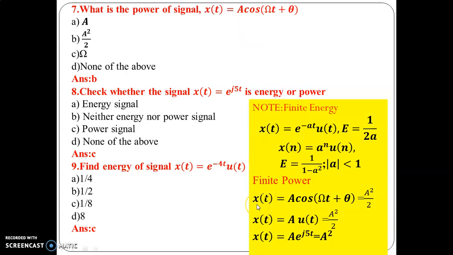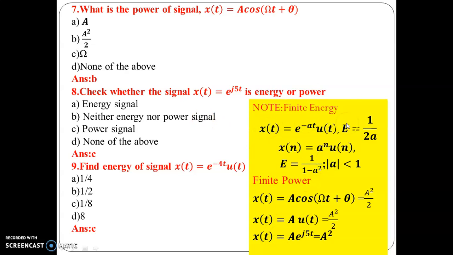Generally, signals of type x of t equal to a cos omega t plus theta, x of t equal to a u of t, x of t equal to a into e power j omega t, such types of signals have finite power.